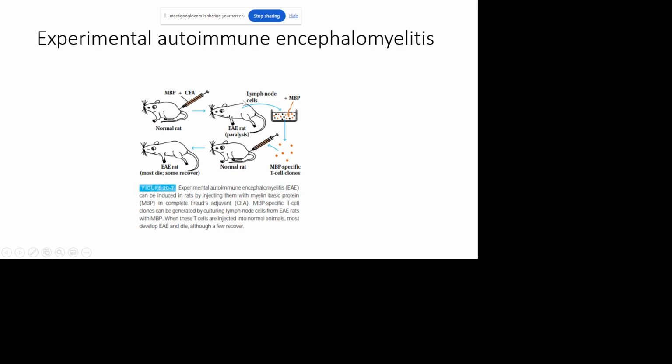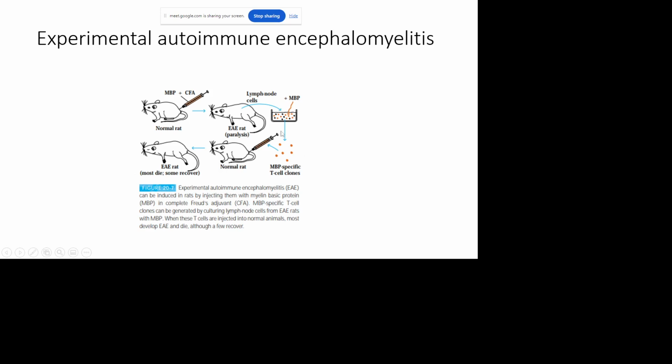Now from this rat we will take the lymph node, and from the lymph node you will get the MBP specific T cell clone, right? Because MBP was the antigen, whatever T cells we get will be MBP specific T cell clones, which can be generated by culturing the lymph node cells from the EAE rat.